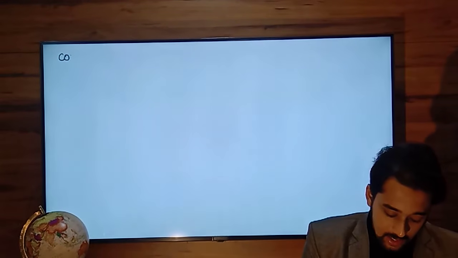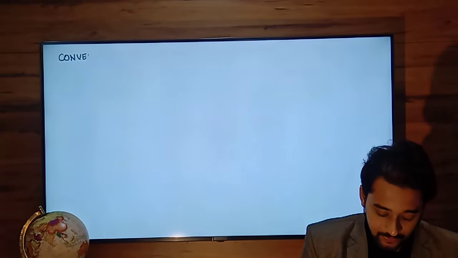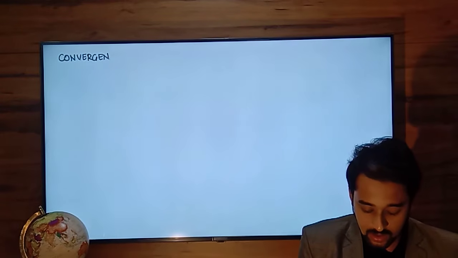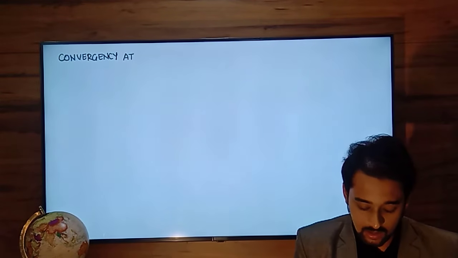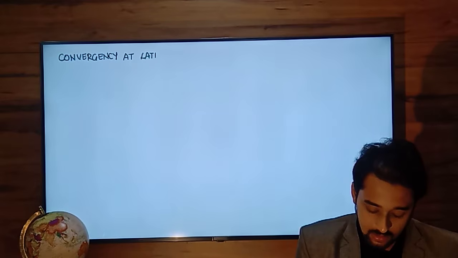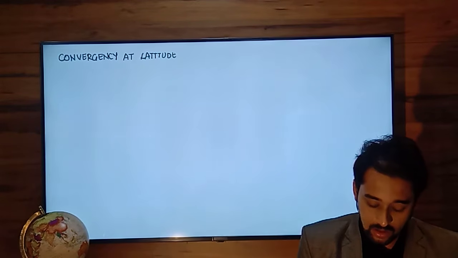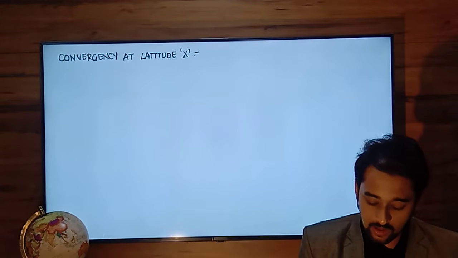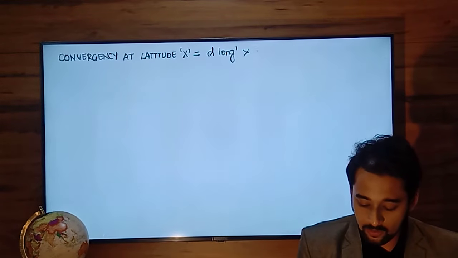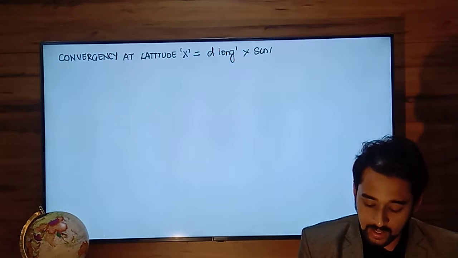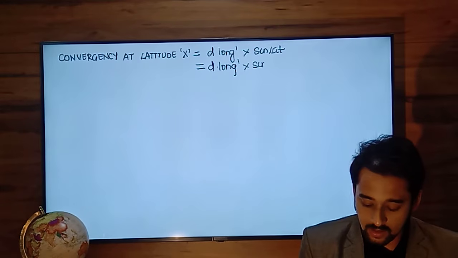So convergency at latitude x equals d long formula into sine of latitude, which is equal to d long into sine of x.